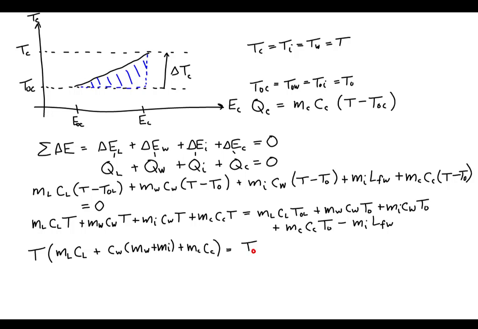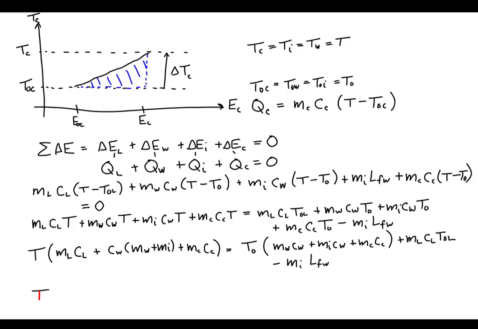So the initial temperature times the mass of the water, specific heat of the water, plus the mass of ice, specific heat of water, plus the mass of the calorimeter, specific heat of the calorimeter, plus the mass of the lead, specific heat of lead, times the initial temperature of lead, minus the mass of the ice, times the latent heat of fusion of water.